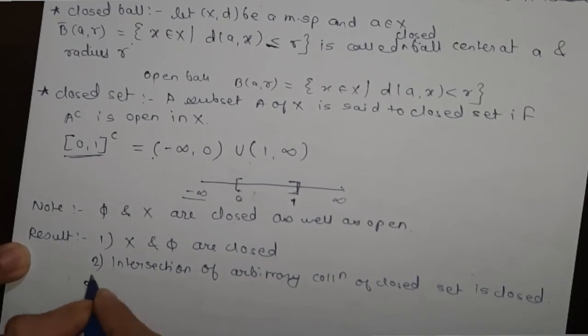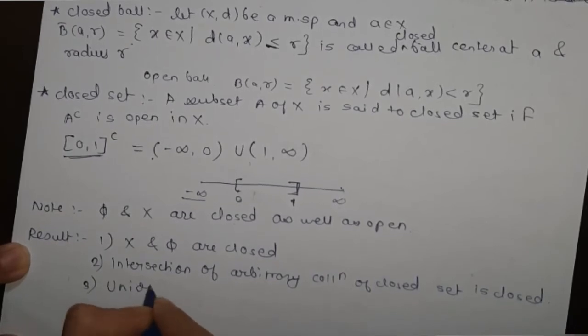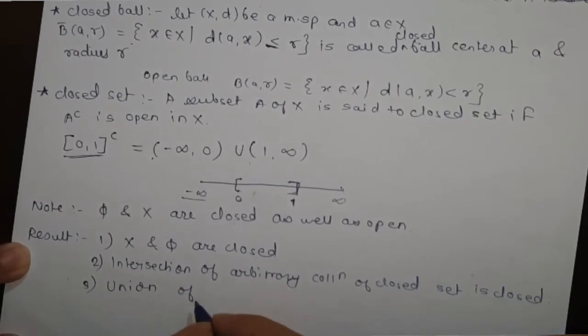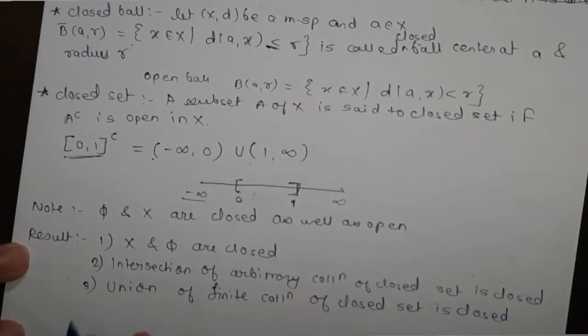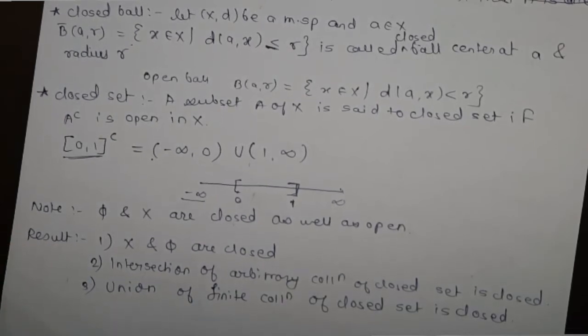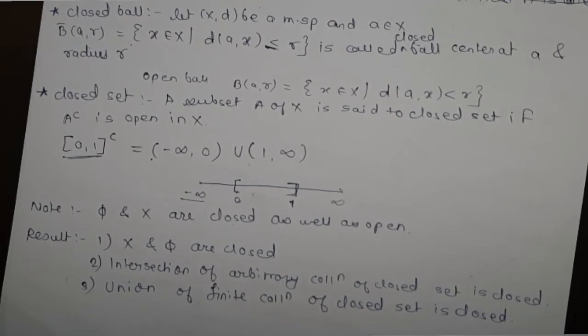And the third one is that the union of a finite collection of closed sets is closed. Okay, these are the results for closed sets. Similar results we have seen for open balls. So if you don't know what the results for open balls are, then you can check out my previous video, where you get those results.